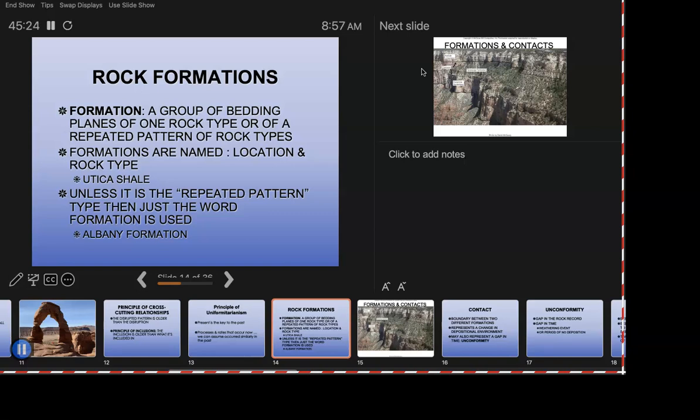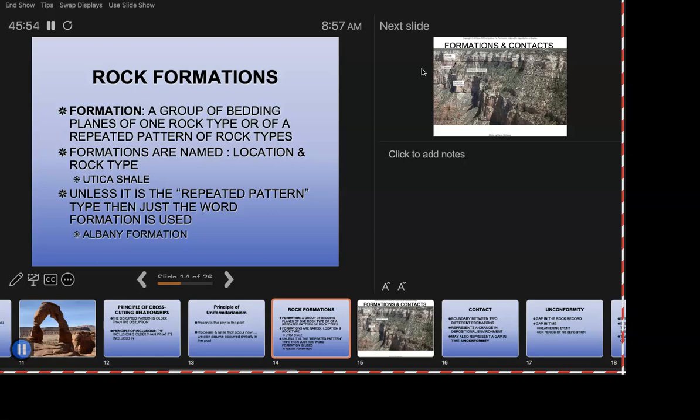But that's what they were hitting up in Ohio to get their gas. But around here, it outcrops, which means it's at the surface and is visible. And this is where it was first studied. So it's only later that they applied, well, lateral continuity, really, and said that this formation carries all the way across.